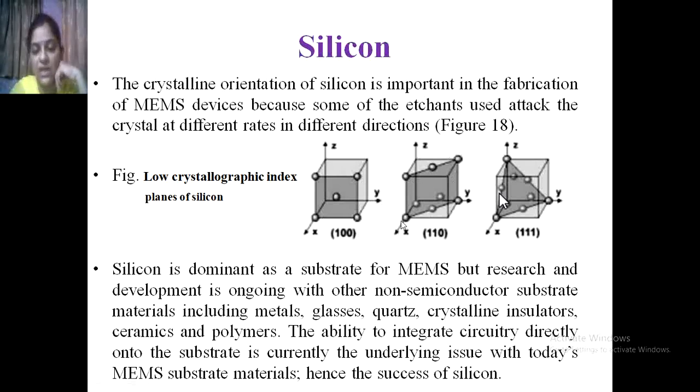Then diagonally we have taken a rectangle, that plane is 110, and this triangular diagonal shape is the 111 plane. These orientations are very important when fabricating MEMS.